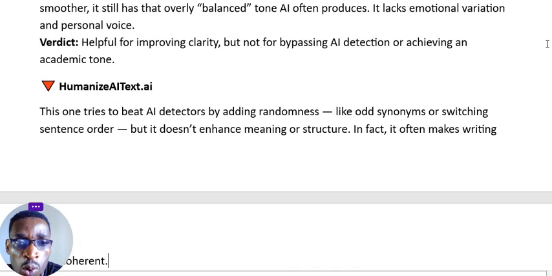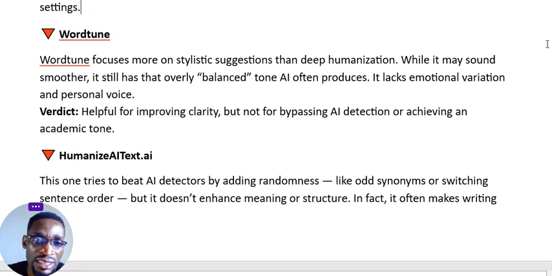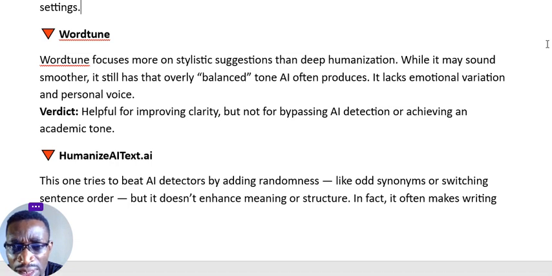So we have Wordtune here. Wordtune is another great tool that just came out, but Wordtune focuses more on stylistic suggestions than deep humanization. While it may sound smoother, it still has that overly balanced tone AI often produces.